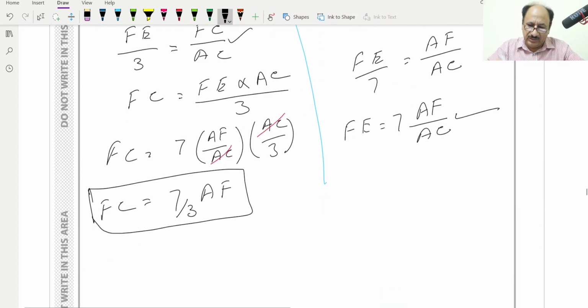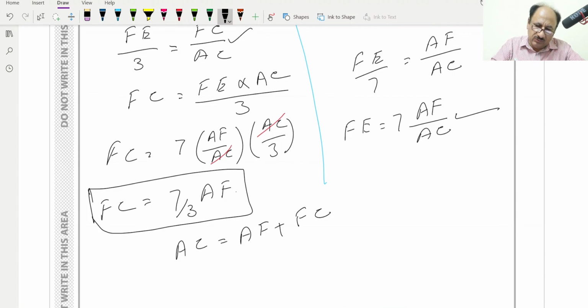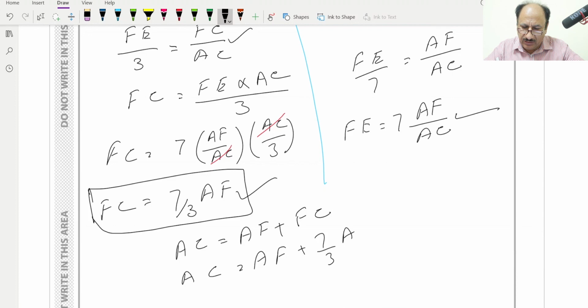We know that AC is equal to AF plus FC. Now this FC value we will replace over here, and we can write AC is equal to AF plus 7 by 3 AF.